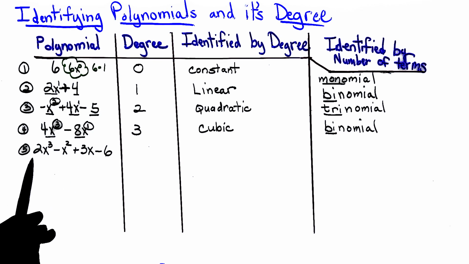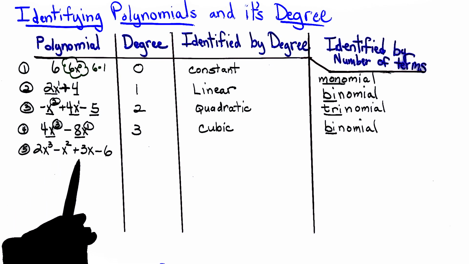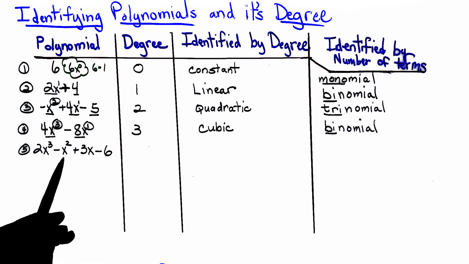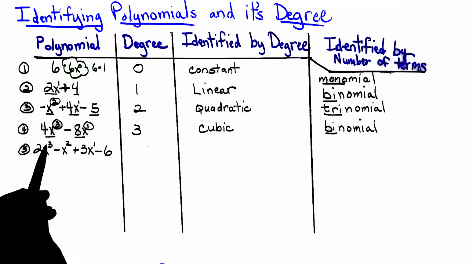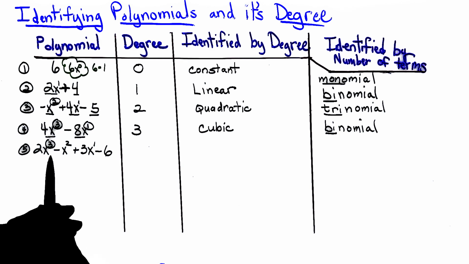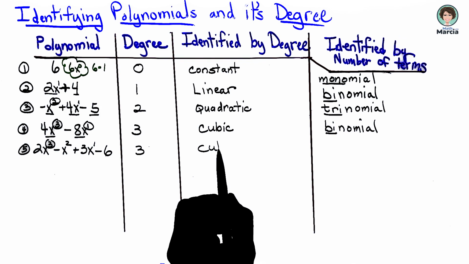And for the last one, it's rather long. Oh my goodness. 2x cubed minus x squared plus 3x minus 6. Well, I see a whole lot of x's. But to name this, I'm going to go to my largest x value, and that is a 3. So again, we're going to call it a cubic.